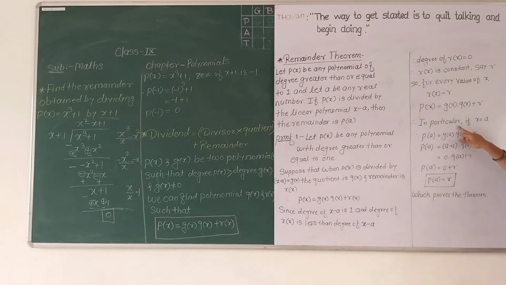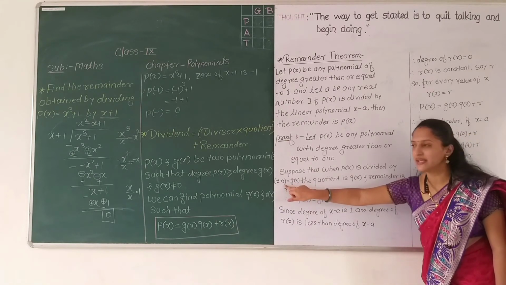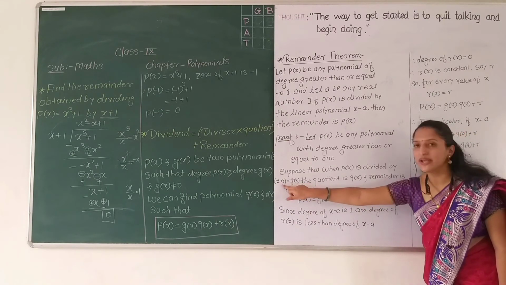If I substitute x equal to a in the polynomial p(x), then we get p(a) is equal to g(a) times q(a) plus r. But g(x) is what? g(x) is equal to x minus a.